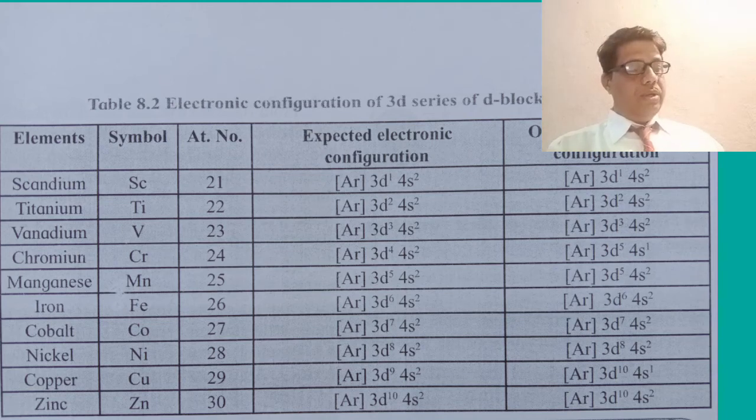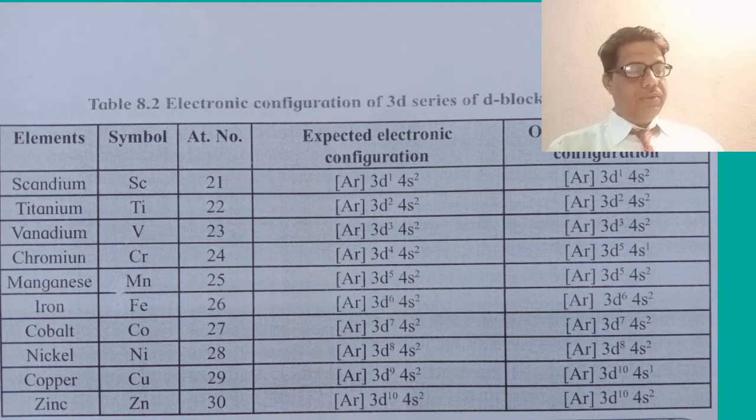So the electronic configuration of scandium with atomic number 21 is 1s2 2s2 2p6 3s2 3p6 3d1 4s2. So here the 4s level fills first, as we observe from the different rules and laws, that is the Aufbau principle, Hund's rule, Pauli's exclusion principle, etc., or energy levels.